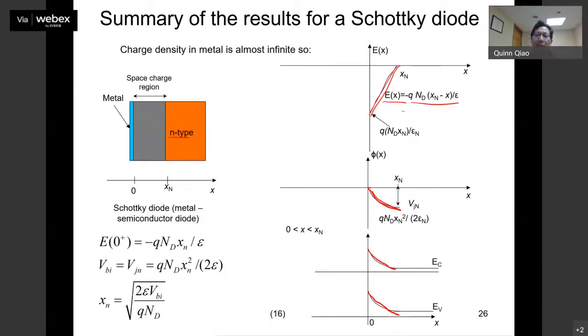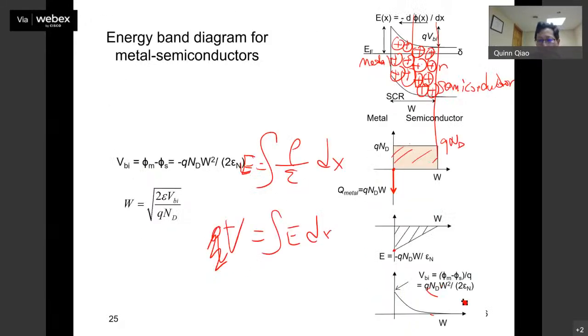Parabolic, okay? That's just because that's in the junction, in these regions. That's the same thing. So exactly it's the same concept. And you'll be able to calculate VBI equal to qN_D because now you don't have N_A, right? That's equal to this, similar to here. That's just integration of this guy, basically the area.